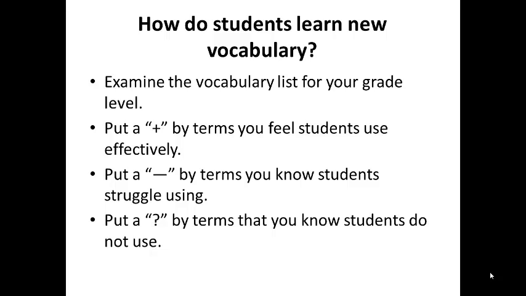Maybe you don't know why they don't use them, or maybe you've never used them yourself in the course of instruction. So pause the session until you get that completed. Then I'd like for you to have a discussion about common terms that came up under each of these three categories, and maybe discuss why students use some words more effectively than others. So go ahead and pause, and once you're finished with that discussion, you can start the session again.